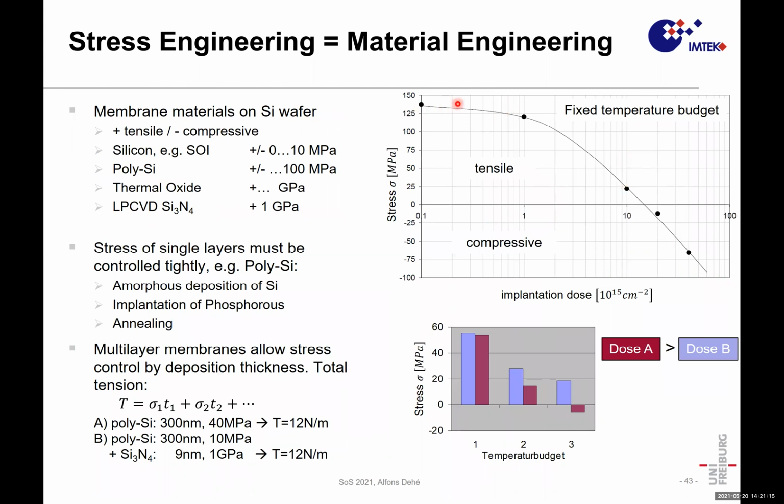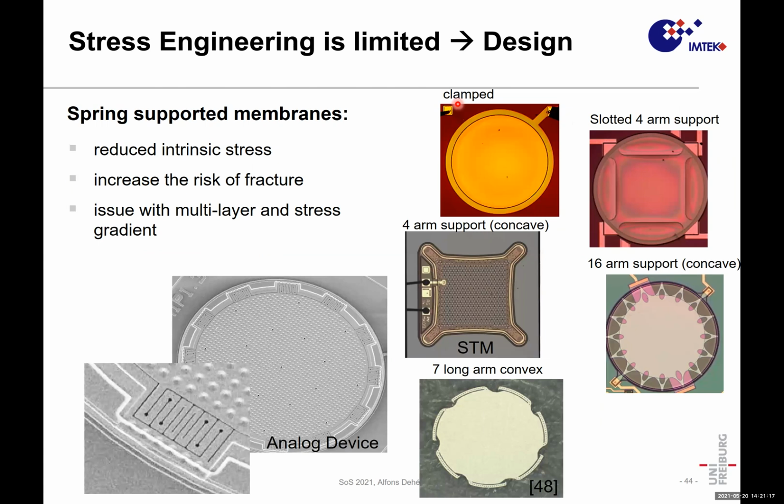So a very simple circular clamped diaphragm under stress, so it is a membrane. Then comes the idea we can relax some of the stress if we put slots into the membrane. So basically, this is 4 slots resulting in 4 arms that support the inner portion of the diaphragm. That relaxes part of the stress.